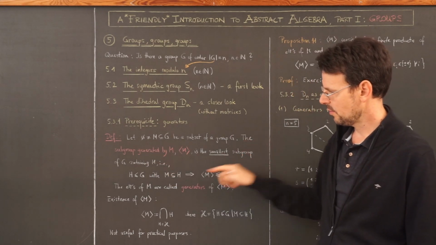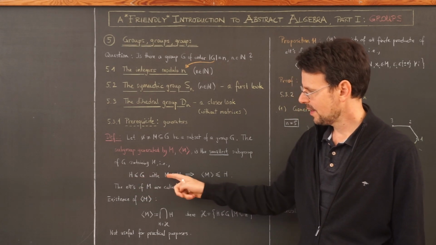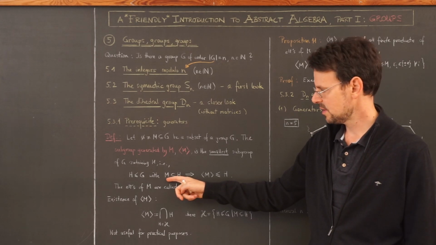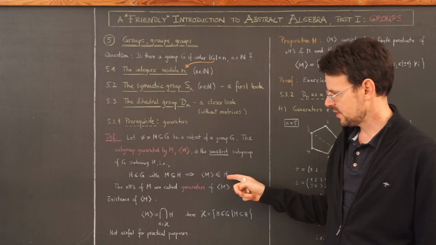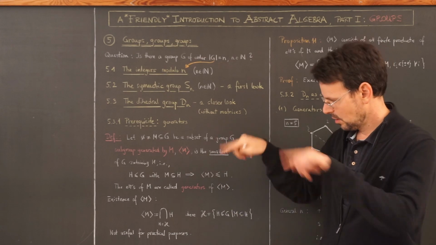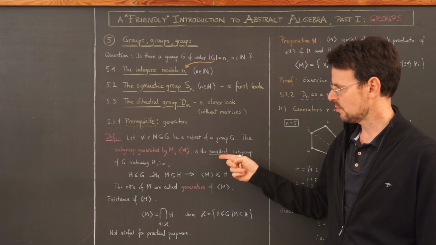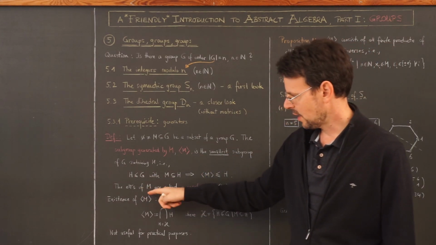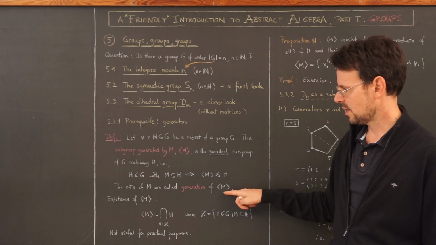This means the following: if I have any subgroup H of G that contains this set of elements, then the generated subgroup must already lie in H, because it is also a subgroup. This means being the smallest. Exactly this condition. And the elements of M then are called the generators of this subgroup.